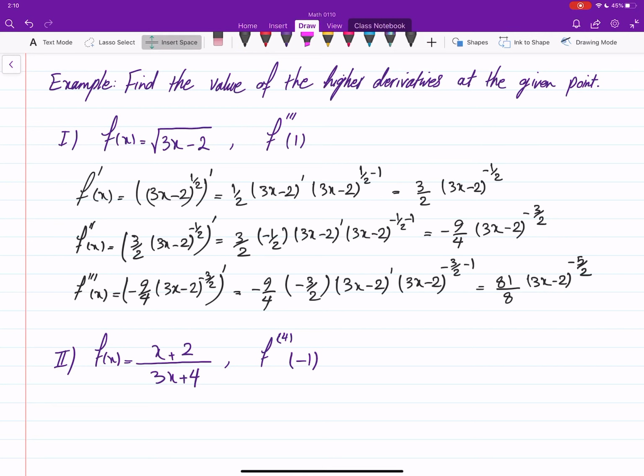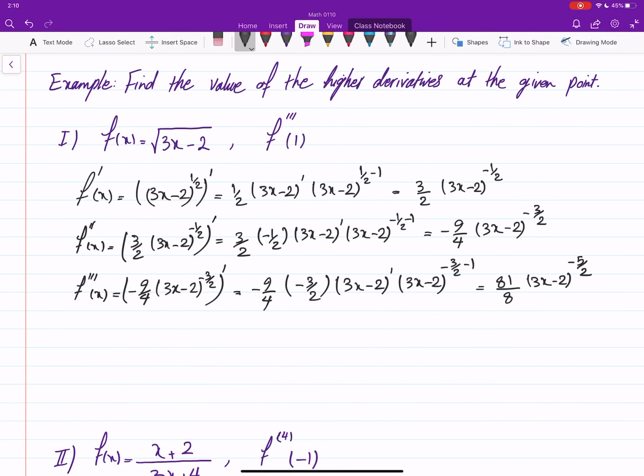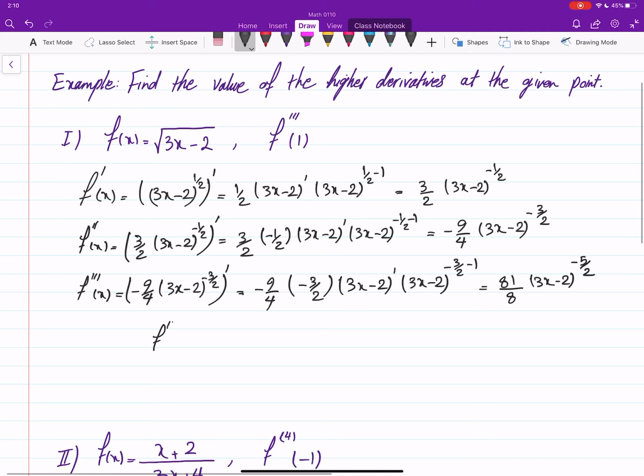So let me just make some space here. This is the third derivative, since that's where we are going to evaluate our function at 1. So let's simplify this one. This is 81 over 8 times the square root of (3x minus 2) to the power 5.